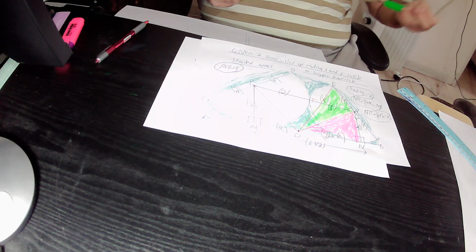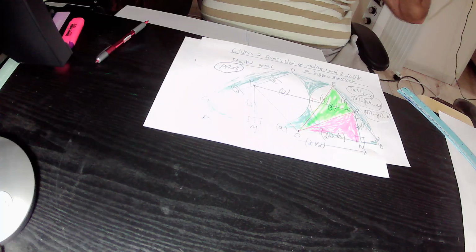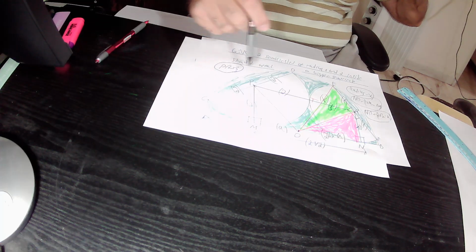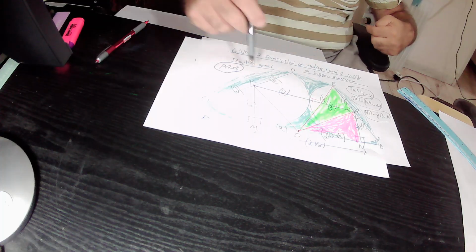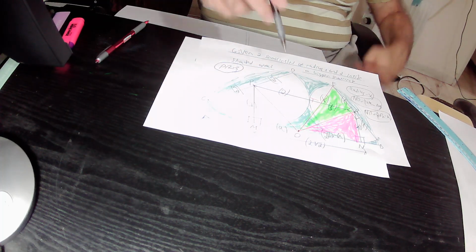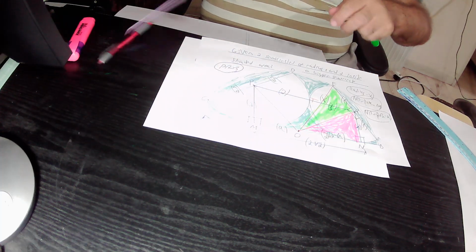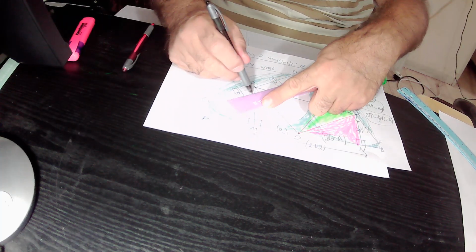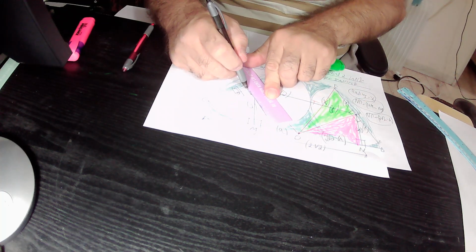And whenever you have a line segment that is drawn from the center of the circle and bisects the chord, that line segment will also be perpendicular to that chord. Because OP bisects chord CD, OP will be perpendicular to chord CD according to rule 30. If OP is perpendicular to CD, it means that this angle equals 90 degrees, and this angle also equals 90 degrees.